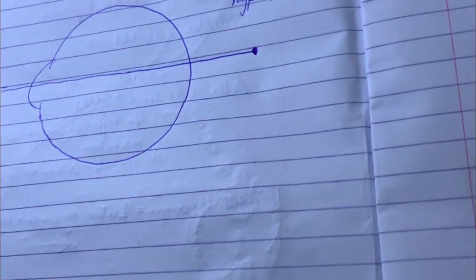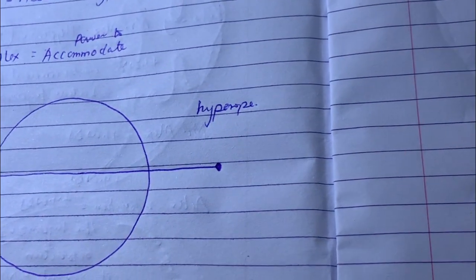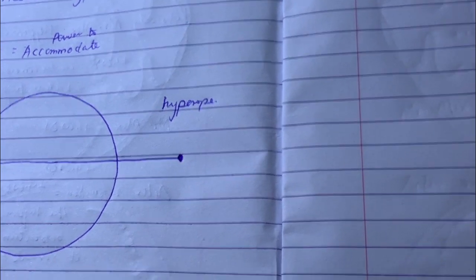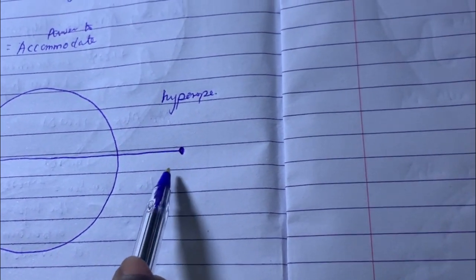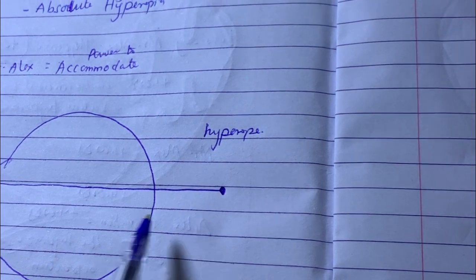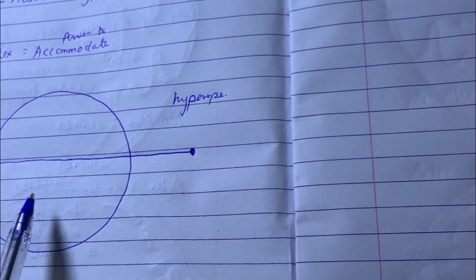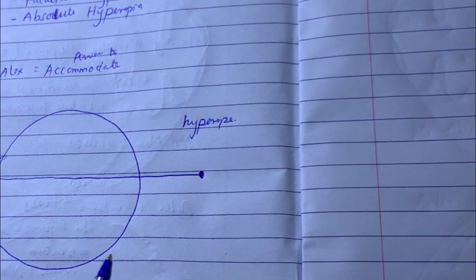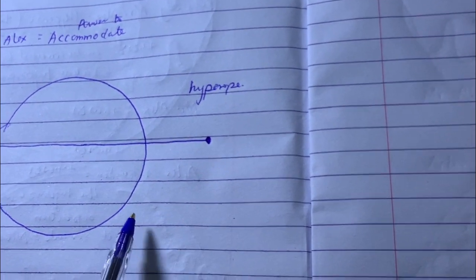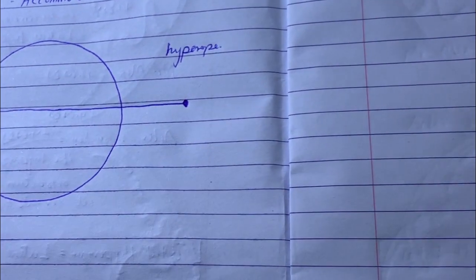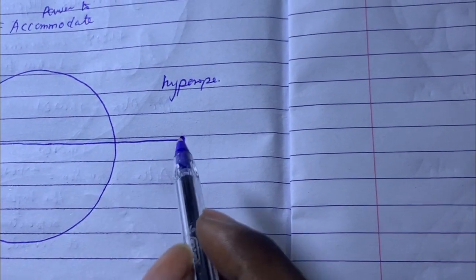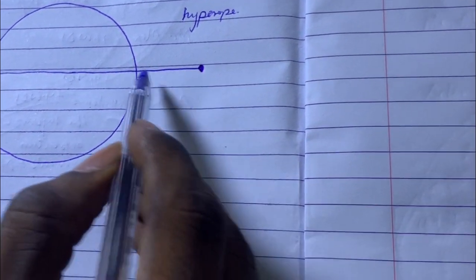Now let's say Mr. Alex tries to bring back the rays focused behind the retina onto the retina. He increases the curvature and the power of the lens, and that is accommodation. So Mr. Alex uses the power of accommodation.